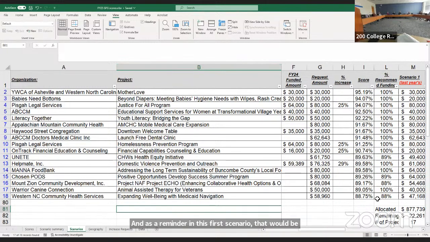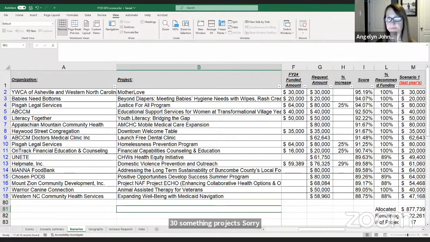For FY24, we funded 23 projects, is that right, Angela? Which seems to kind of be the trend. The year before that, FY23, I believe we funded 30-something projects. Is that right? 37. 37 projects.